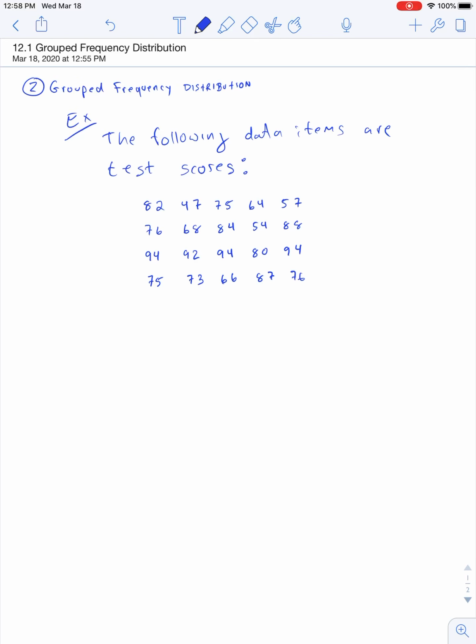So we have the following data items, which are test scores.